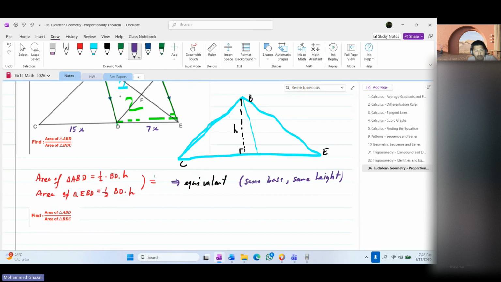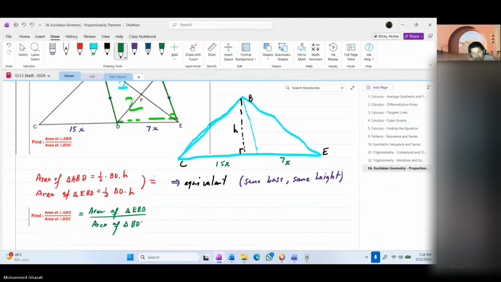Now remember, I removed the trace of the whole thing and I put it on this side. So this is 7x and this is 15x. So what's the area of triangle ABD? Same as area of triangle EBD over area of triangle BDC.